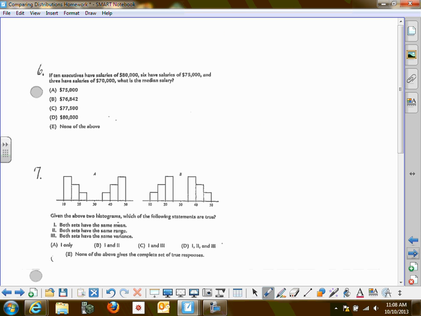Next, number 6. If 10 executive salaries have 80,000, 6 have 75,000, and 3 have 70,000, there's 19 salaries there. Which one is the median salary? The 10th one.